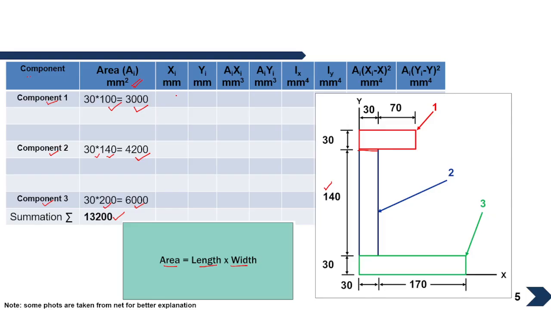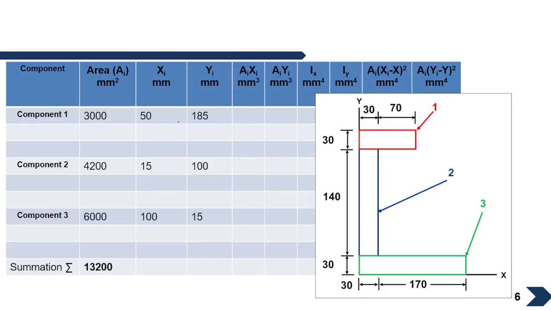So this is the easy part, so I will just move fast in this. The second part is a typical part, so here I will try to spend more time, so please be attentive to listen. Here I will tell you the trick how to find the centroid of any section or component easily.